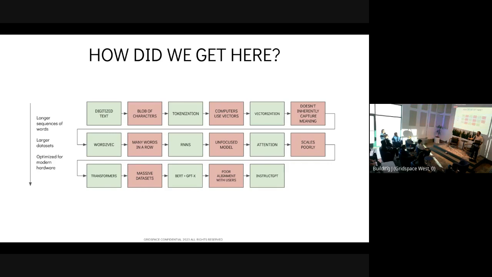Okay, so we have tokens. We have numbers that represent individual units of language, whether it's a morpheme or a word part or a sentence part or a word. Now we need to operate on them with computers. Computers are good with working with long lists of numbers, especially modern hardware like a GPU or a TPU. And so we need to operate on vectors, and the solution is, I think, as we framed it, pretty obvious: vectorization.